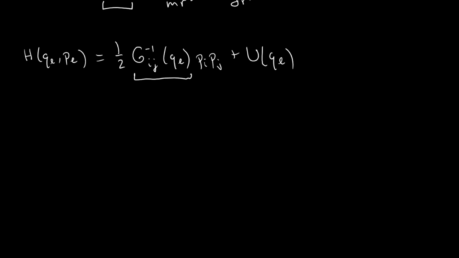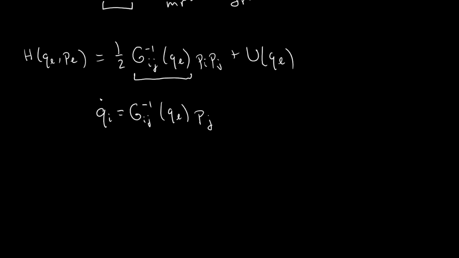So to do that, we have to know how G transforms. So we'll start by looking at q dot i, this expression here: G inverse ij p sub j.